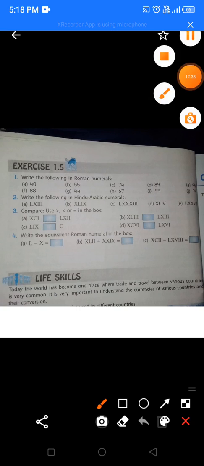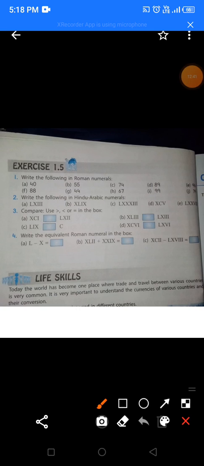Now, we will go to question number D, the last question of question number 3. Now children, what is the question asking you to do? This is your question.